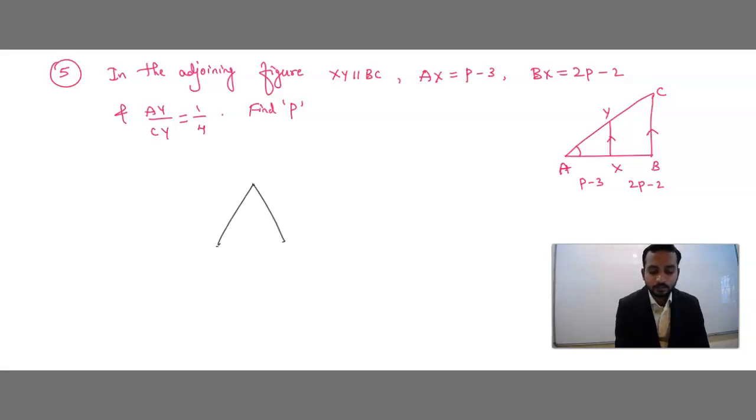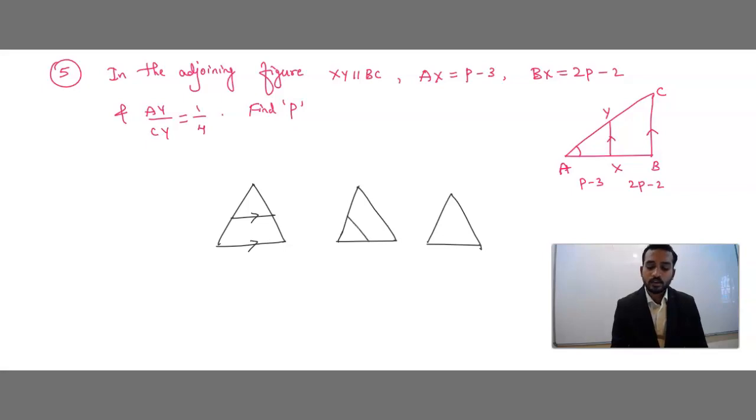For example, here I am going to take 3 different triangles. Let me say this side is parallel to this side. In this case, this side is parallel to this side. In this case, this side is parallel to this side.